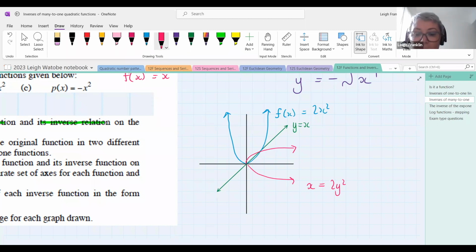This means x over 2 is equal to y squared. And now when I want to make y the subject of the formula, y would be equal to plus minus the square root of x over 2. Quite right. Thanks, Nolwazi. I was not concentrating.